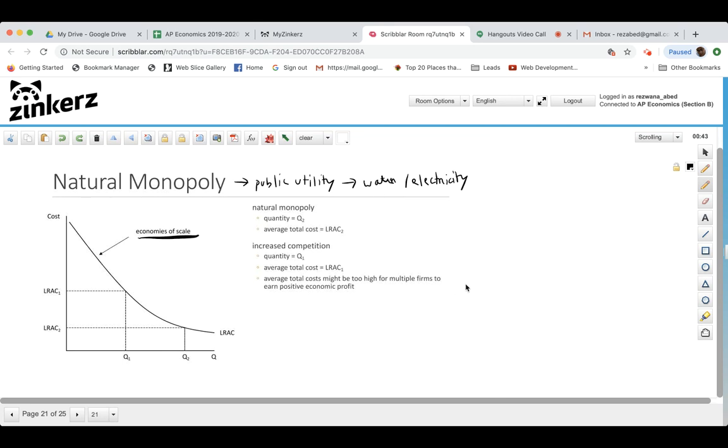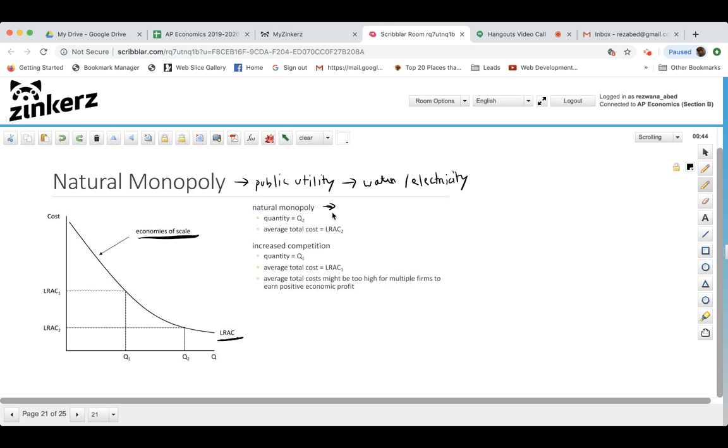We said that natural monopolies tend to have economies of scale, which means that the long run average cost declines as you increase your output.